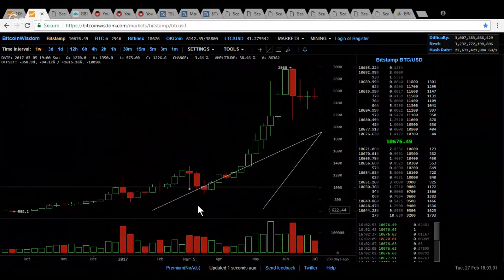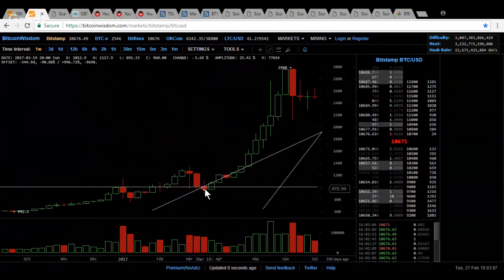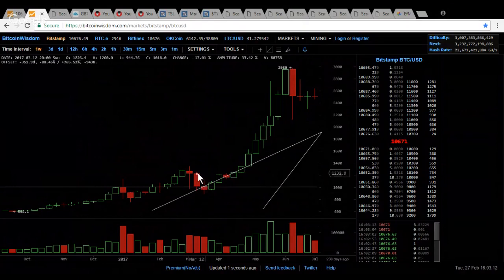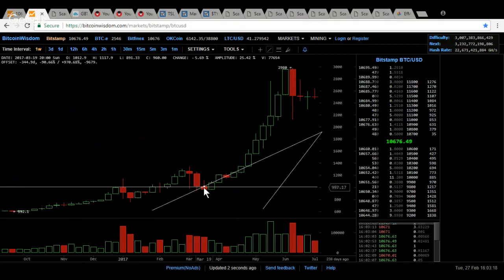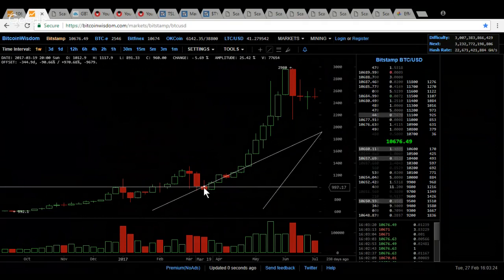Now, right here, I'm starting a phase 2 line. And the reason for that is we came back down to the phase 1 line. And I had a couple of questions by people asking me, what does it look like when a phase changes from 1 to 2 or 2 to 3 or 3 to 4?